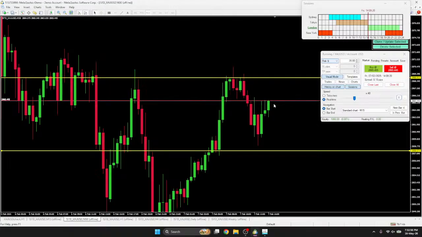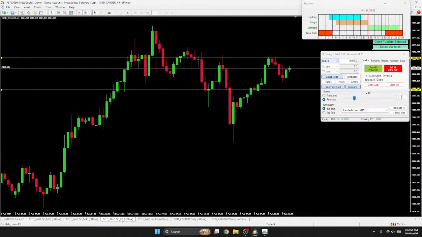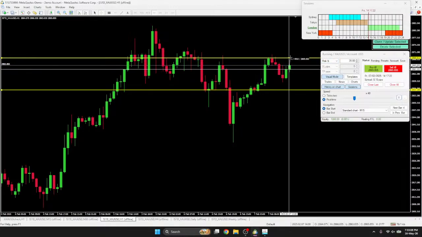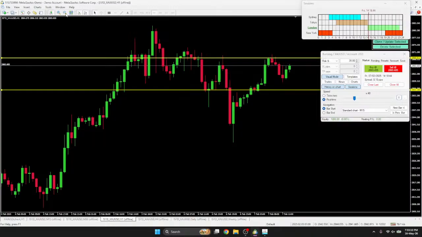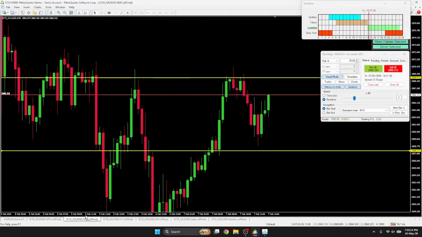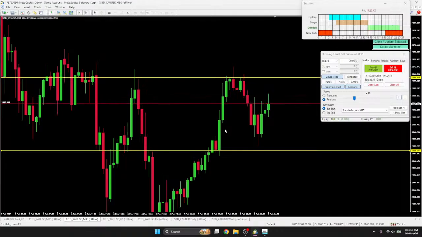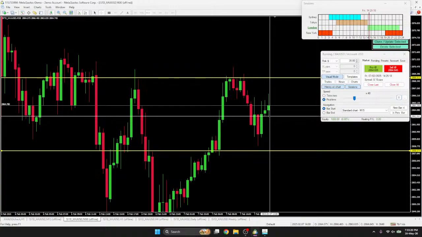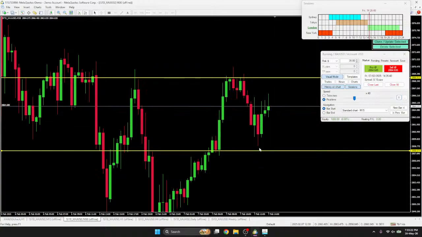But there is another chance that the market can be pushed up because this 1 hour candle closed bullish and the market is moving up. So I'm waiting for this candle to close above the resistance area. And if the current candle breaks the previous candle low again, there is a high chance that the market will push down.